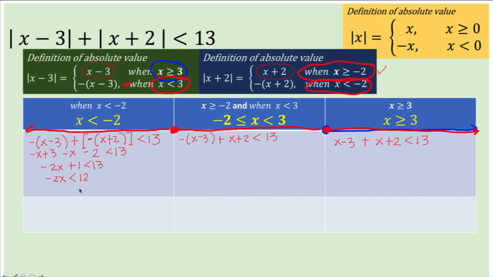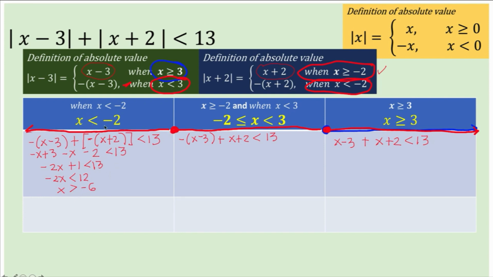When we divide by a negative number, we are going to reverse the inequality. We have x greater than -6. So at the first part, when x is less than -2, x is greater than -6. So let's graph this now.